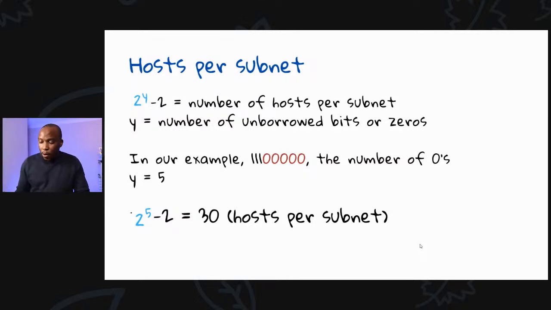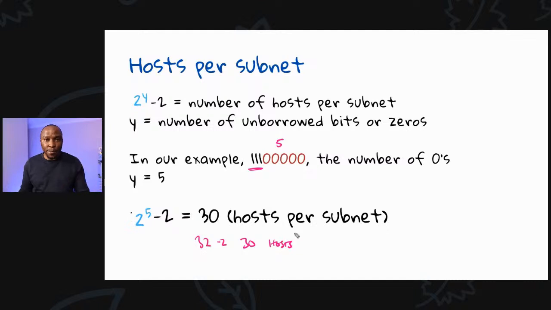So earlier on, we borrowed the first 3 bits in the octet, and we had 5 unborrowed bits. So the number of hosts on a subnet becomes 2 to the power 5 minus 2. 2 to the power 5 is 32. 32 minus 2 gives us 30 hosts.